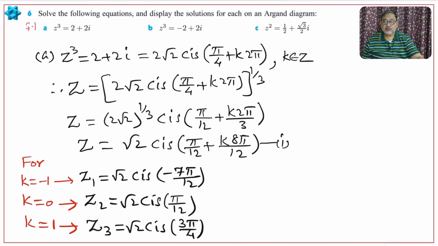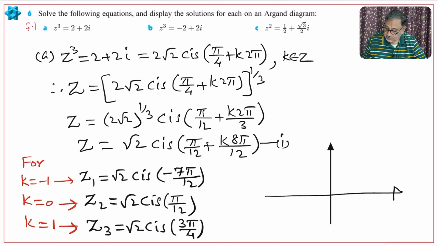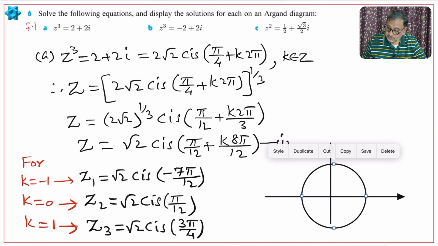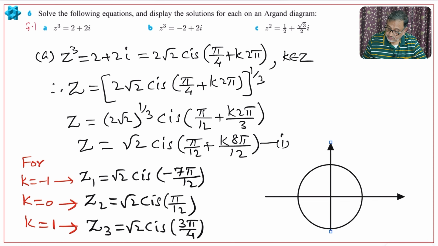These are the three roots, okay, and they said display them on the Argand diagram. Anyway, I will display them here. Real and imaginary axis I will draw, right? Okay, then I will draw a circle. Let me extend this.